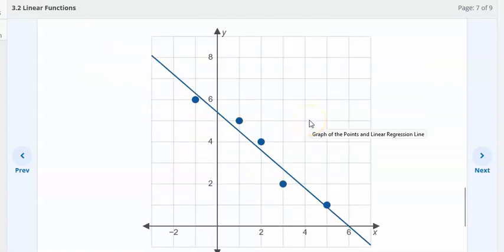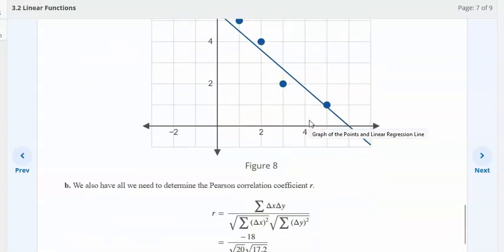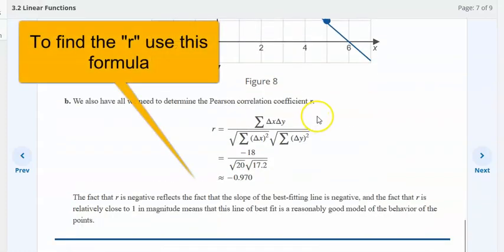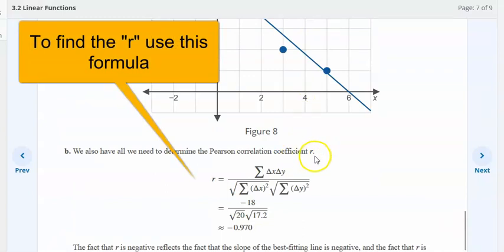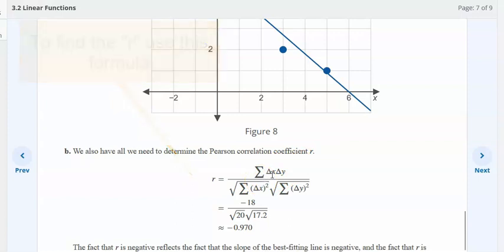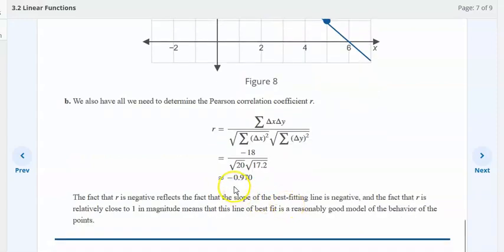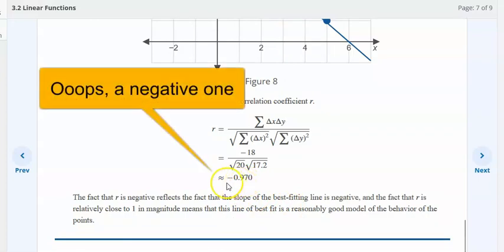Again, some of this gets to be rather tedious. And then to find the R coefficient, taking these values, the sum of the product of delta x and delta y divided by this gives you another value close to 0.9, negative.